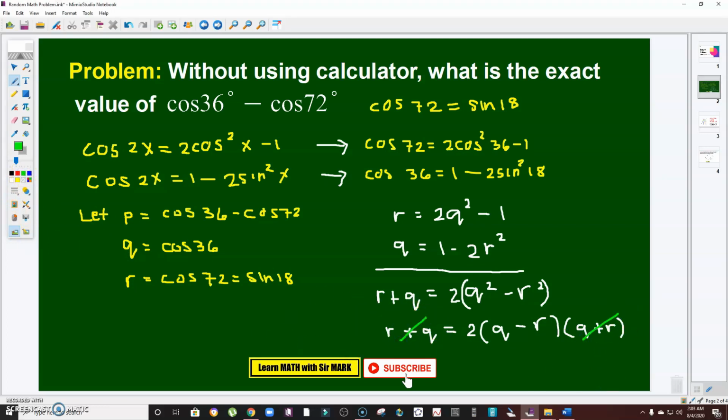What will be left is 1 over 2 is equal to q minus r. But take note, q is cosine 36 and r is cosine 72. So this is the same as p, which is cosine 36 minus cosine 72. There you go. The answer on this problem, the exact value of cosine 36 minus cosine 72, is 1/2.